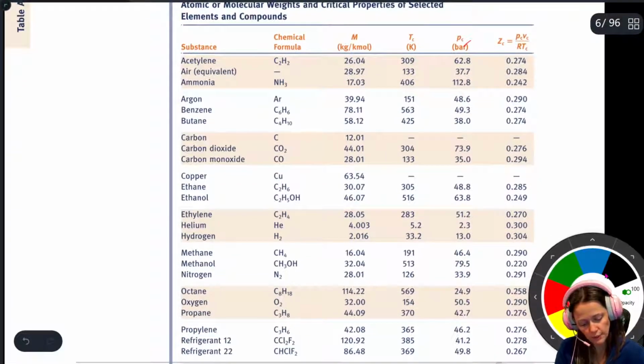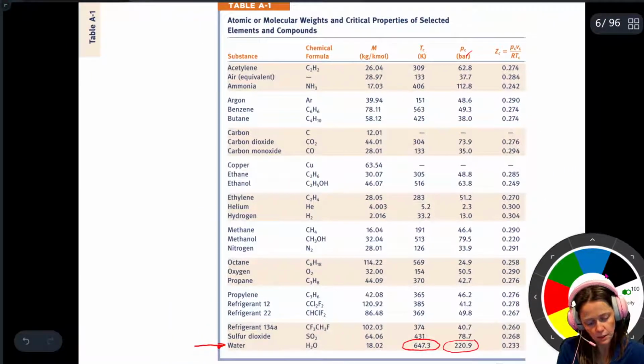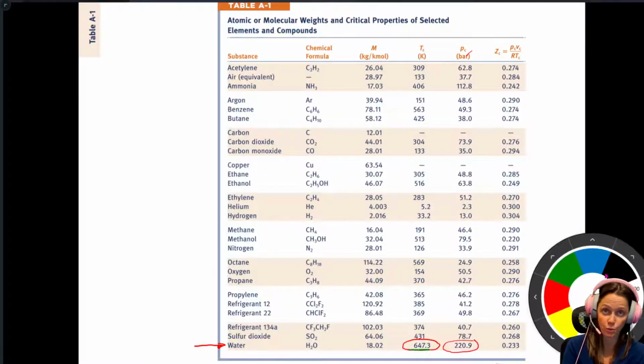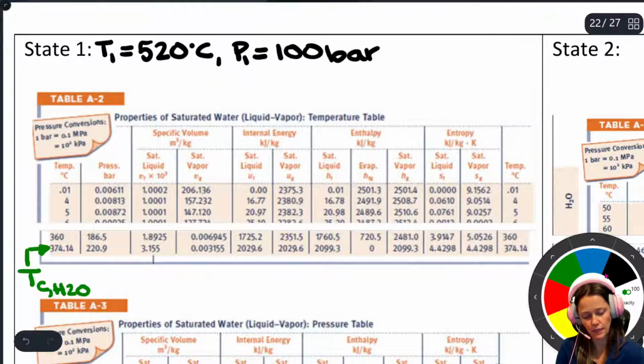So for water, for example, your critical temperature is 647.3 Kelvin, which is 374 degrees Celsius. And then your critical pressure is 220.9 bar. So if you're above that critical temperature, it's more specifically classified as what's called a supercritical fluid. But if you're looking for the data, that data is all in the superheated tables.